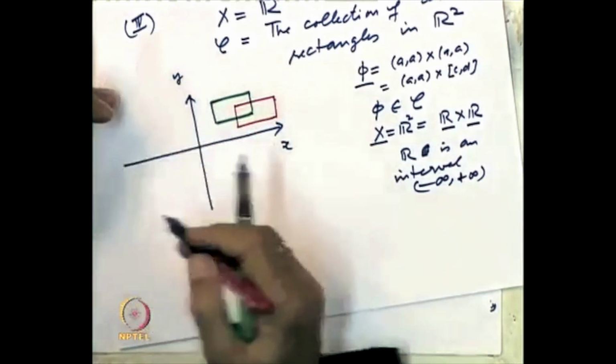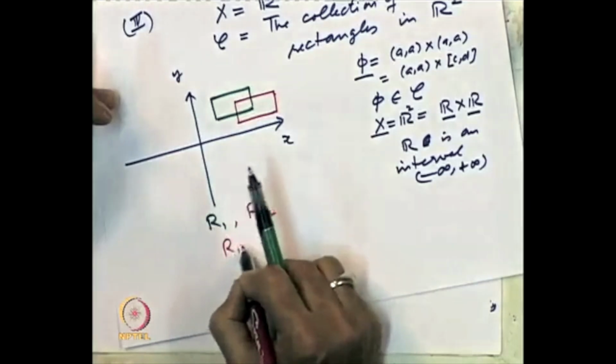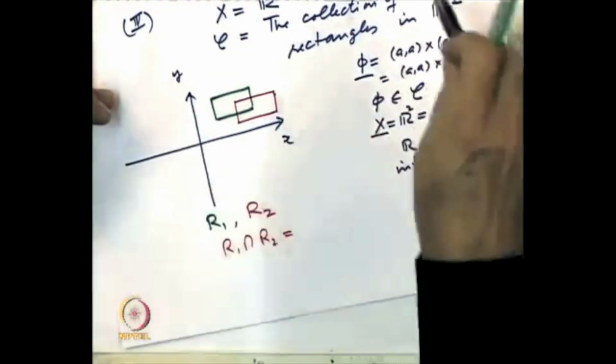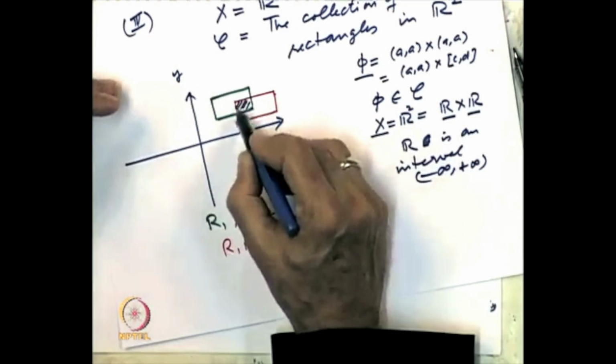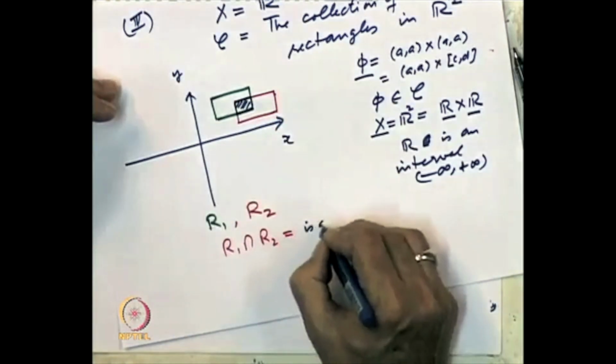So we are taking two rectangles R1 and R2, and R1 intersection R2, we want to check whether that is a rectangle or not. From the picture it is quite clear that R1 intersection R2 is this rectangle. So it is a rectangle.